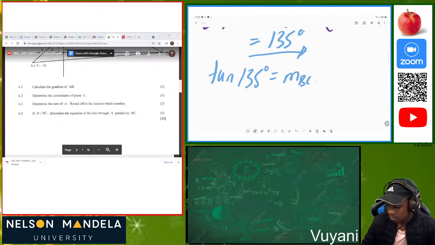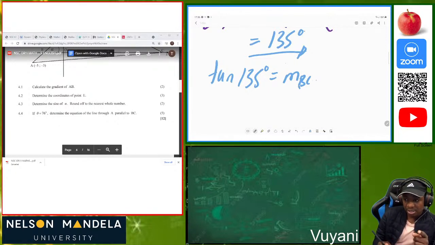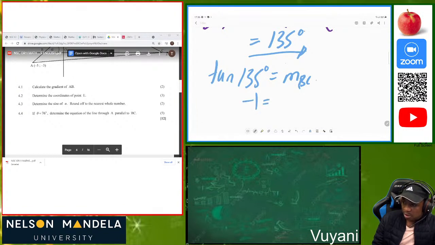Because we say that the line is parallel to BC. So since they are parallel, we say that parallel lines have equal gradients. So tan of 135 is equal to negative 1, which is equal to the gradient of BC.